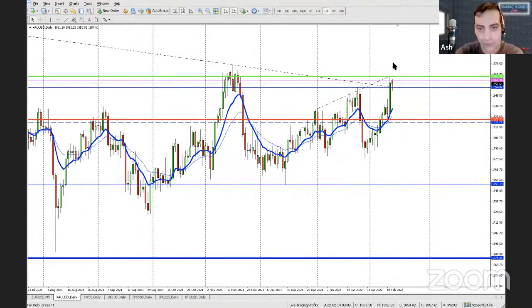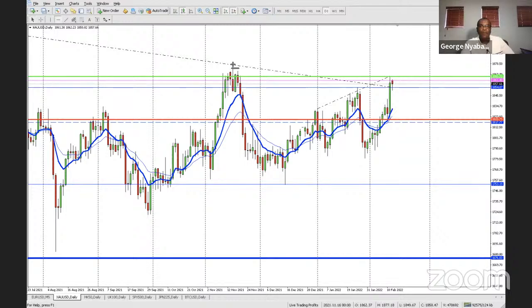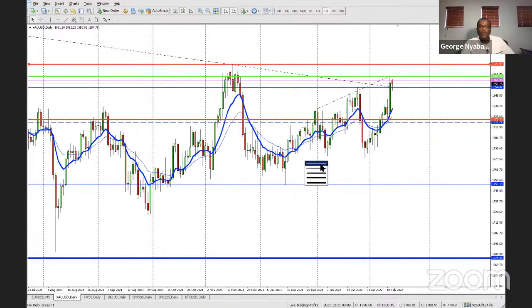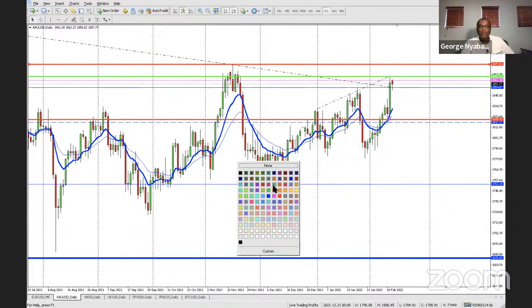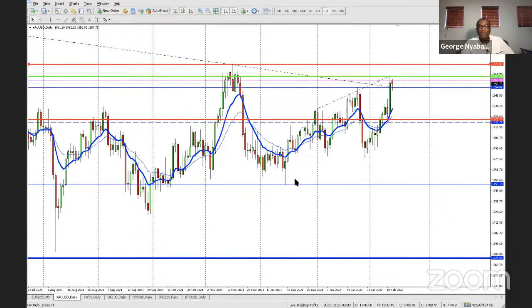So that we know the bulls are strong, it must close above that high, must close above that high. Then you can say, hey, the bulls are strong.